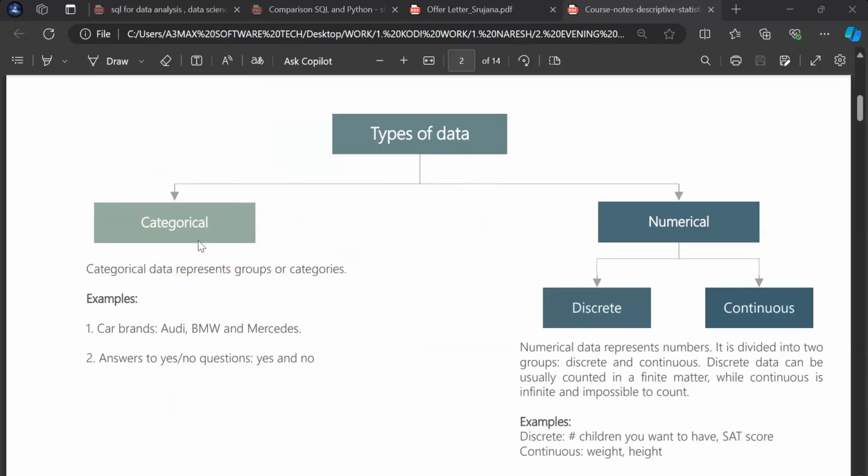So I hope you understand categorical data. Now can we go to the next part? Numerical. When you go to numerical, it is divided into two parts, discrete and continuous. If the dependent variable is continuous, what do we call it? This is called regression.